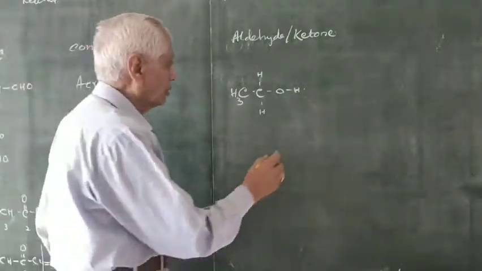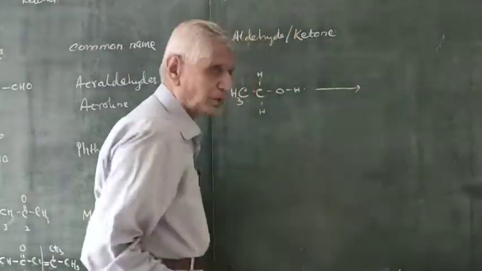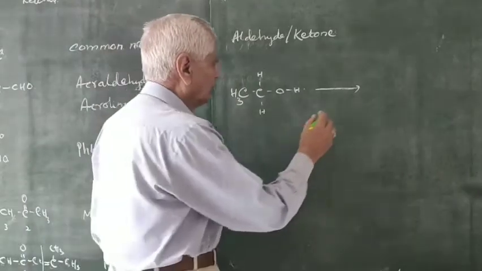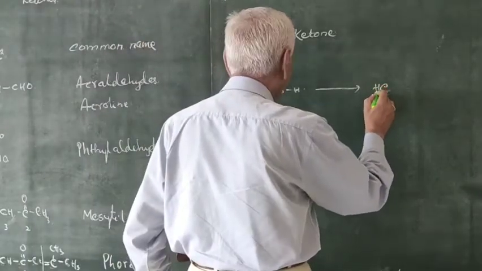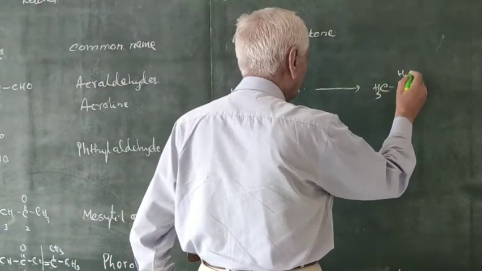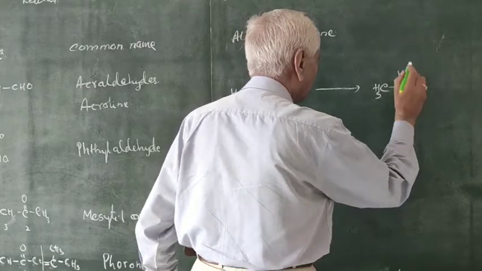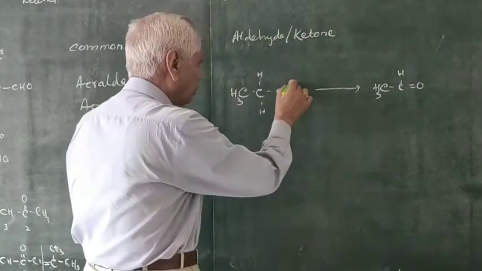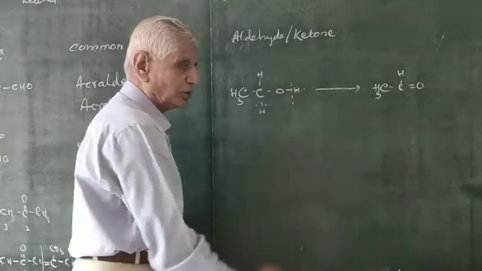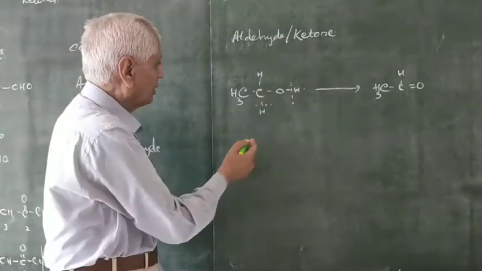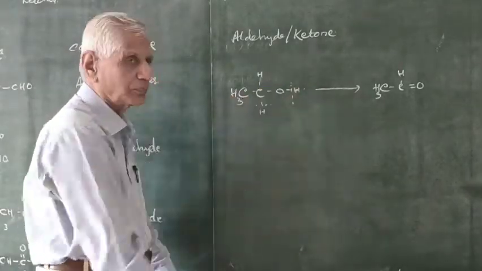From this alcohol, how can we get the aldehyde? Can you tell me? Aldehyde, CH3CH=O. That means you have removed two hydrogens. When you remove two hydrogens, you are getting CH3CHO.